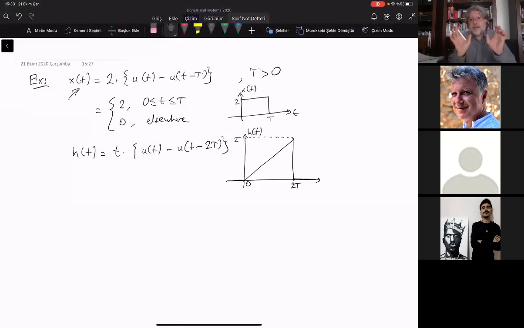But if the situation is like this, two finite bounded things, it is best to apply the trick that I have used for discrete time. Flip around one of the signals and slide over the other one.